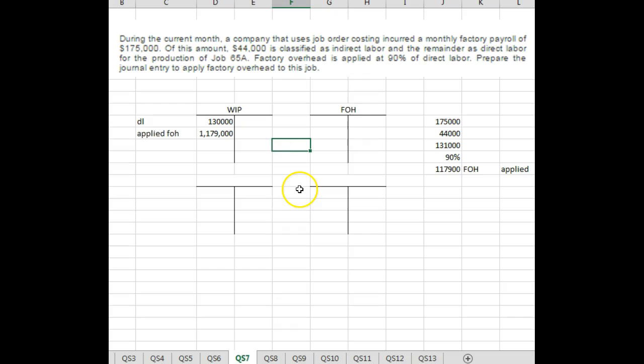Now, here's a curious thing. Factory overhead is an expense, right? And usually factory overhead is debited. But in the case of applied overhead, because it is applied and not true, that becomes a credit.